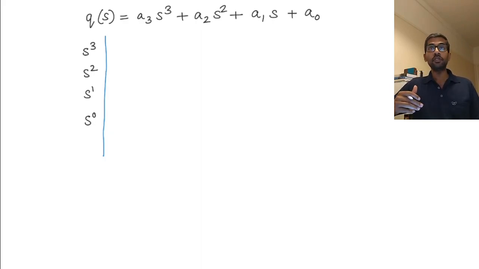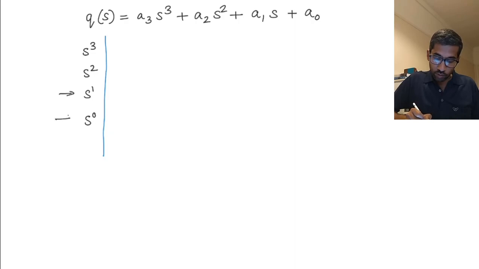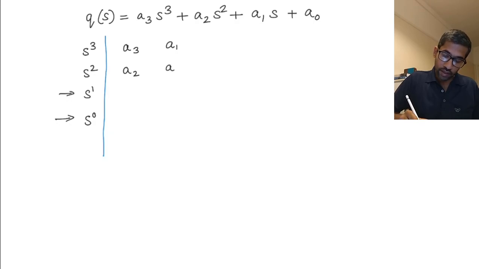We won't be able to get the values for this column and this column yet, but the first two columns we have the values already, right? So we fill in a3, a2, a1 and a0, and that's all the values that we have.